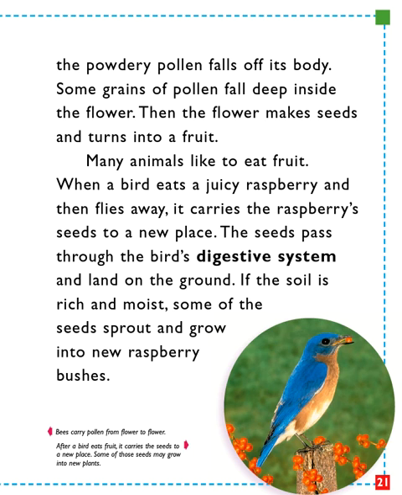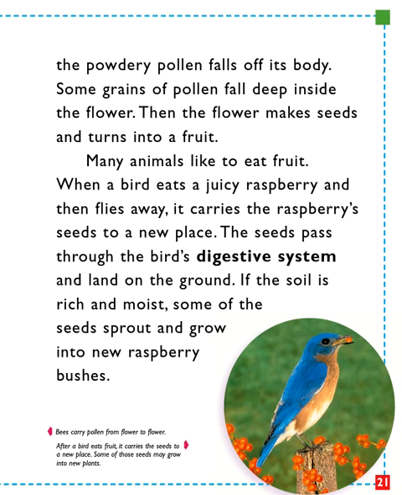As bees and birds and butterflies move from flower to flower, they pick up pollen from one flower and bring it to the next flower so that all of the flowers can have the pollen that they need to make seeds. Then those seeds get wrapped in fruit.